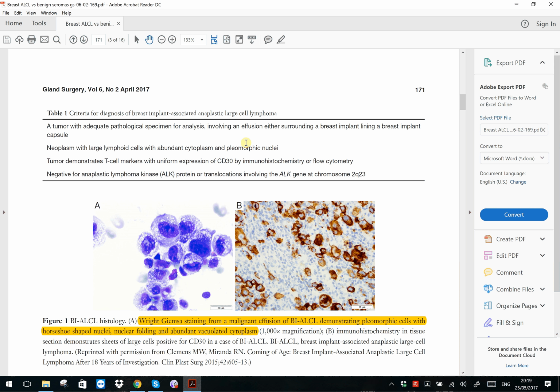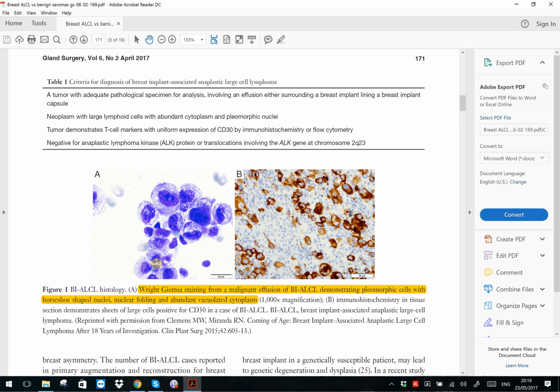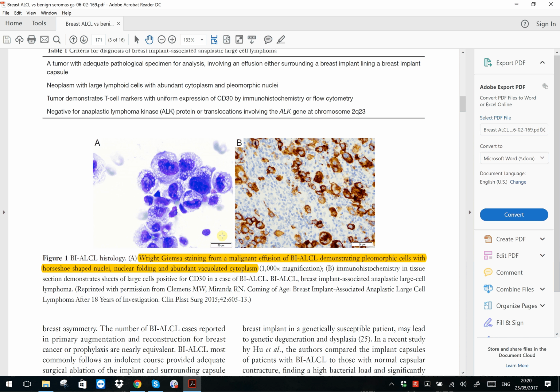So we can see the morphology of the cells in a May-Grünwald-Giemsa stain here of a malignant effusion with anaplastic large cell lymphoma. We can see the cells vacuolated, but they don't resemble exactly the previous cells. They don't have eccentric nuclei, they are not foamy, and of course, you see the phenotype, it is positive for CD30. So we have to diagnose an anaplastic large cell lymphoma by CD30 primarily and T cell antigens.